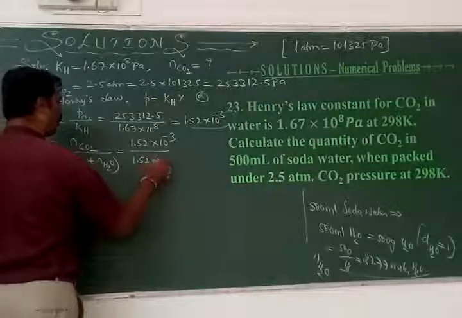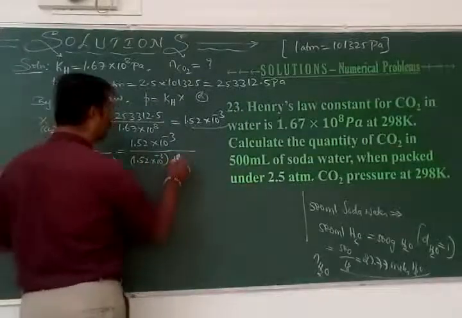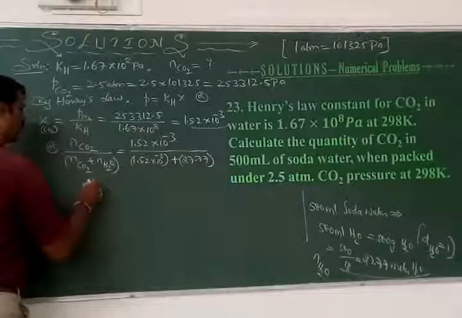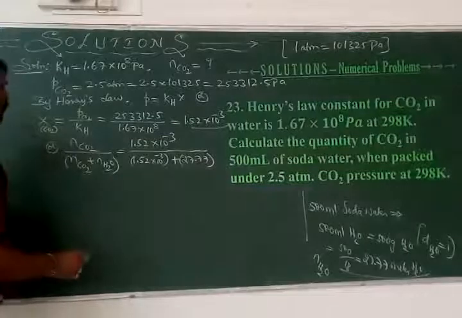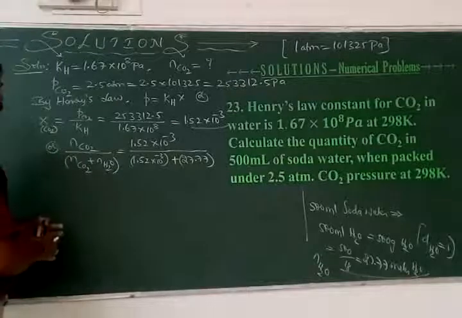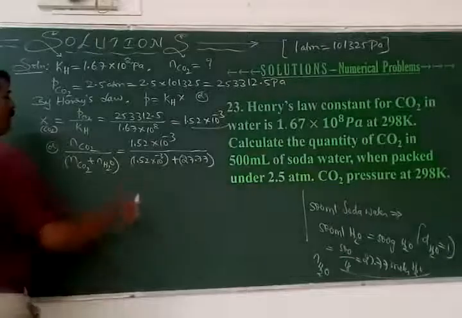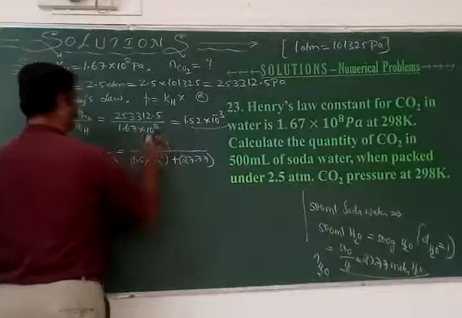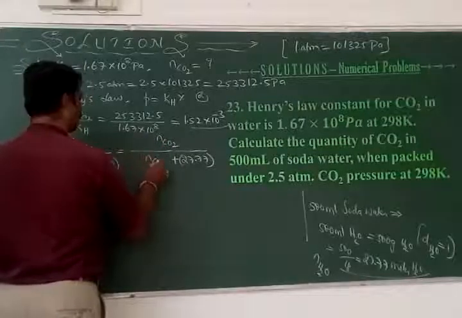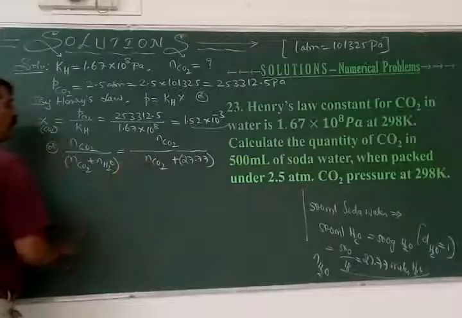So 1.52 into 10 to the power of minus 3 is equal to number of moles of carbon dioxide divided by number of moles of carbon dioxide plus number of moles of water. But this value is very, very small.